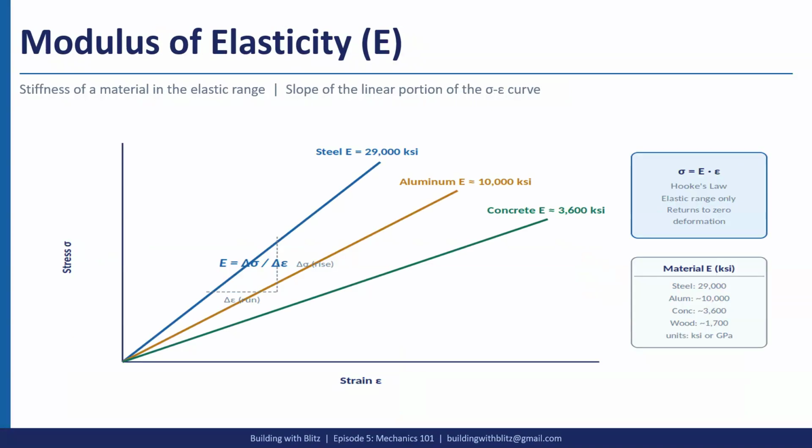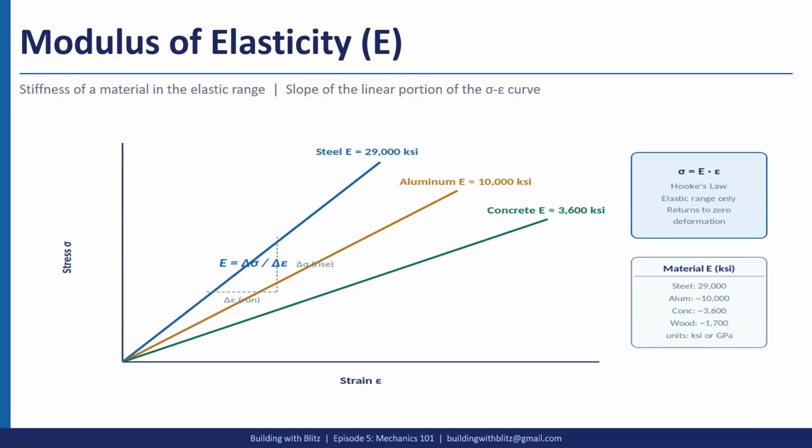So the modulus of elasticity. Excuse me, this is a very, very important piece to the puzzle. As I was saying, from the stress strain curve, modulus of elasticity is derived from Hooke's law, which is stress equals the modulus of elasticity times the strain.